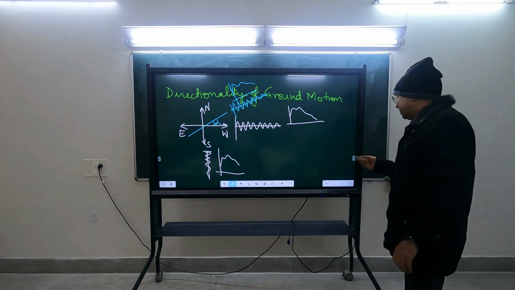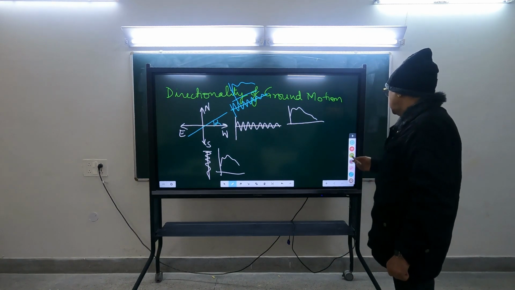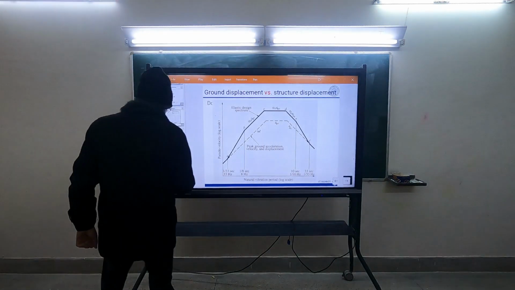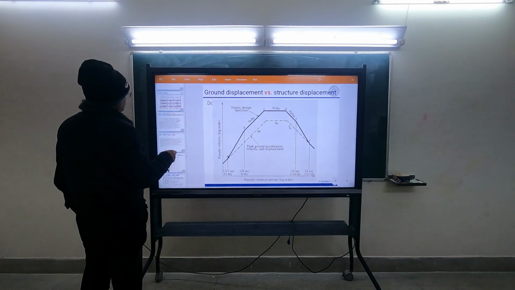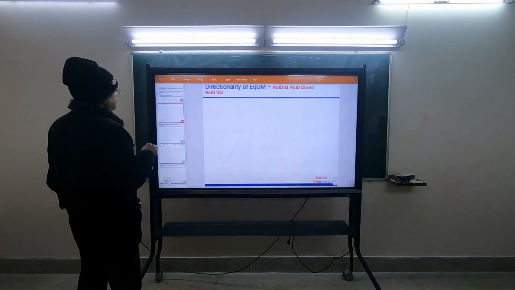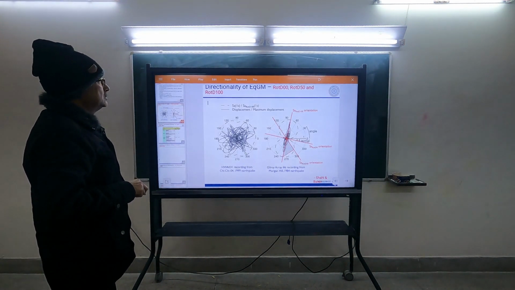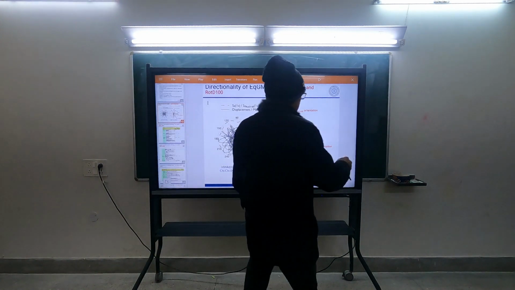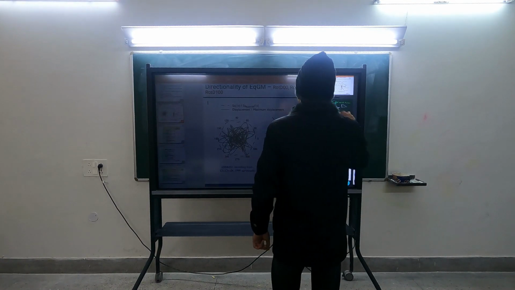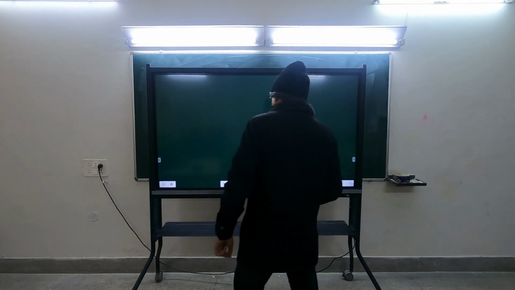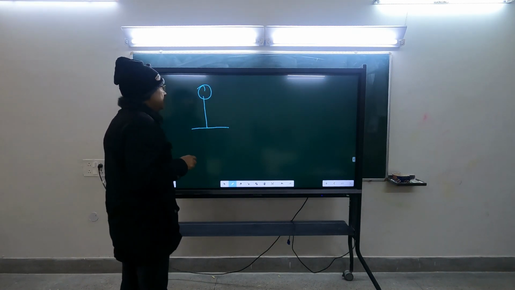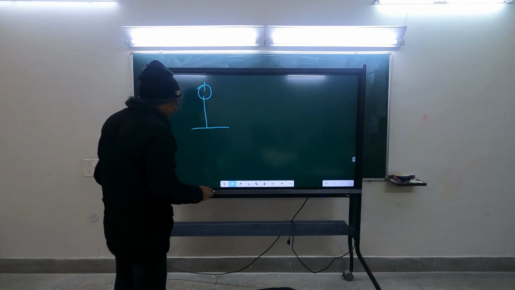To show you how the response in different directions is changing, if you take a single degree of freedom system, I put a pin at the top of this.